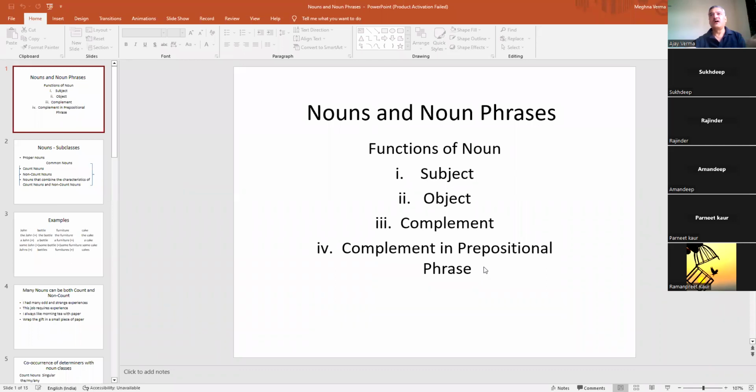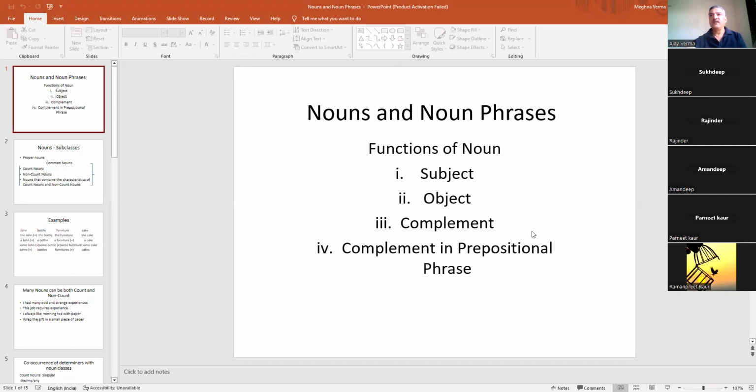If you say, I bought a telescope, here telescope is not a subject, but it is an object. If you make a sentence like, this is a telescope, now here telescope is the complement.